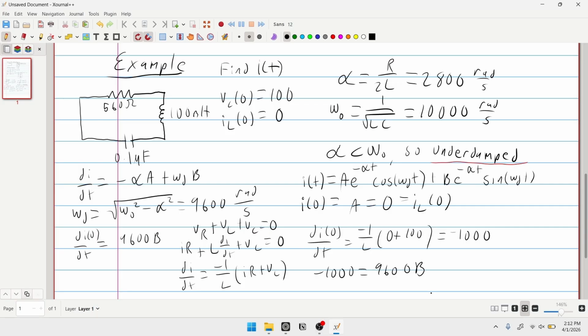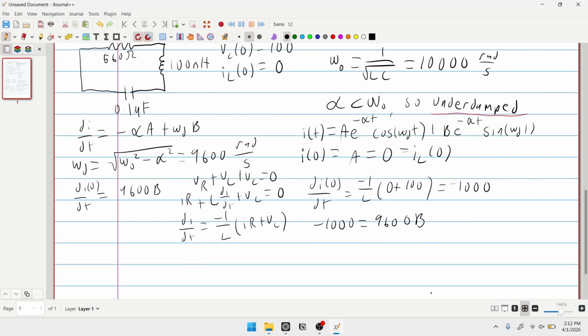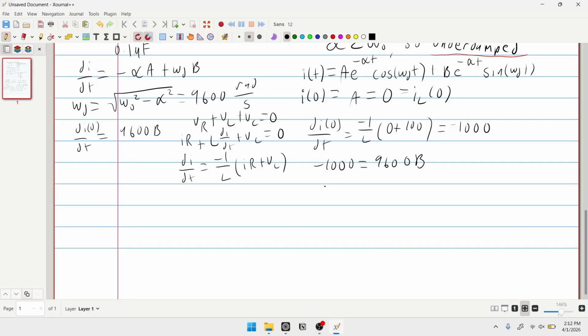So now we have both our unknowns. We have that A equals 0, and we have that B equals negative 1000 over 9600, which is approximately negative 0.10467.